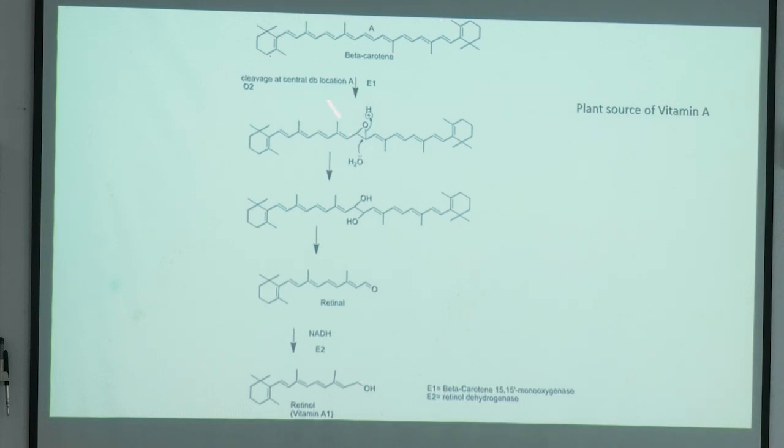So one molecule of beta carotene gives rise to two molecules of vitamin A. That's why it is called provitamin A or vitamin A precursor. One may ask you, what is the name of provitamin A? It is beta carotene, because it's the vitamin A precursor.